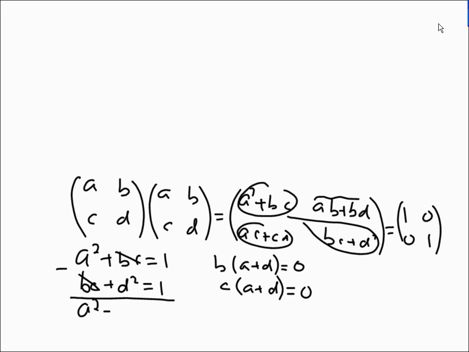So A squared minus D squared should be 0. But that's A plus D times A minus D should be 0. That is, either A plus D is 0 or A minus D is 0.